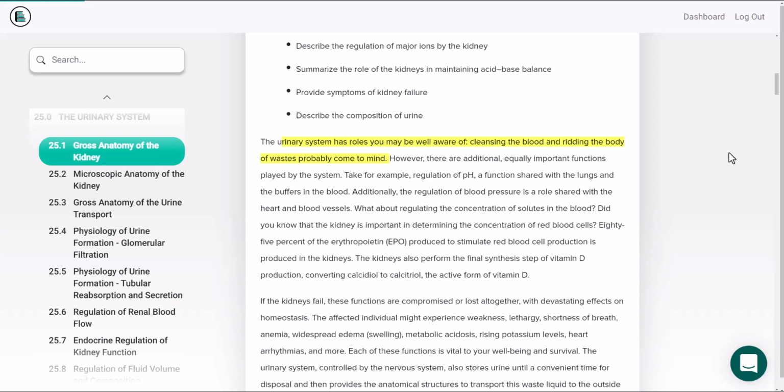And so life without the kidneys is incompatible. Kidney failure leads to death. Complete kidney failure can lead to death in less than a week's time because those toxins are accumulating, and also many of those waste products are acidic. And so the lack of kidney function leads to acidosis.